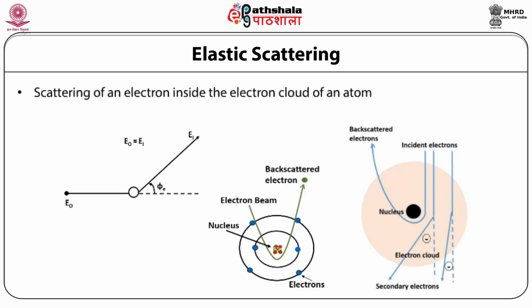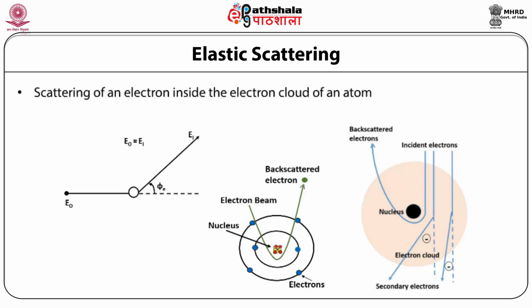A strong elastic scatter very near to the nucleus may result in a beam electron leaving the specimen via backscattering, called backscattered electrons or BSE. These electrons provide important information for SEM imaging.